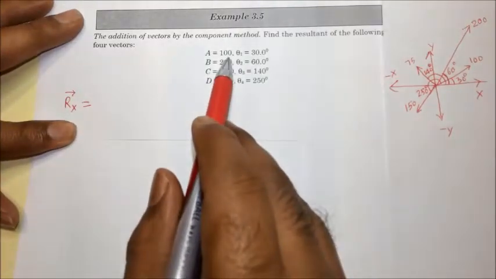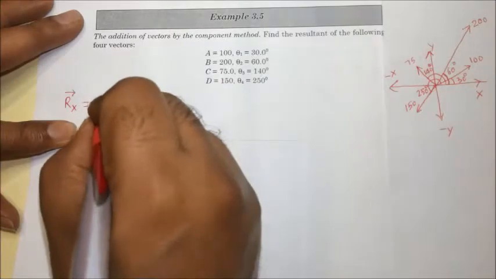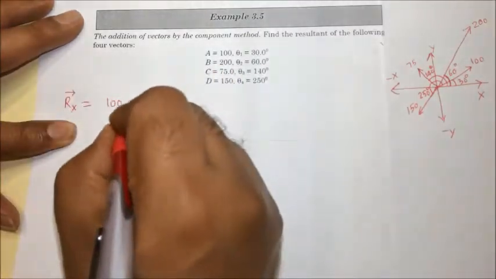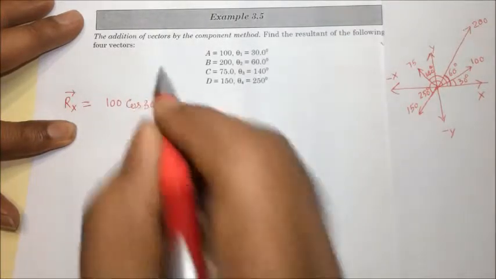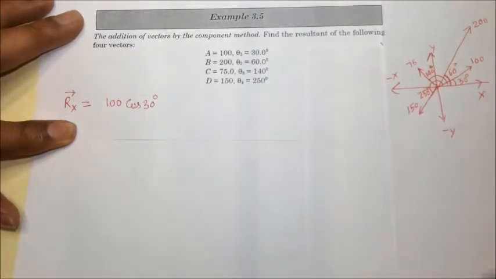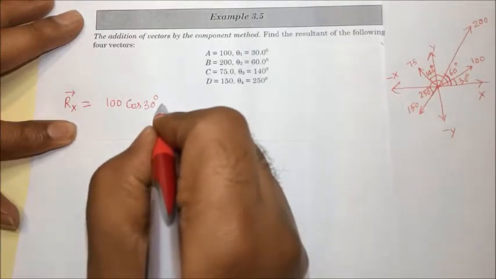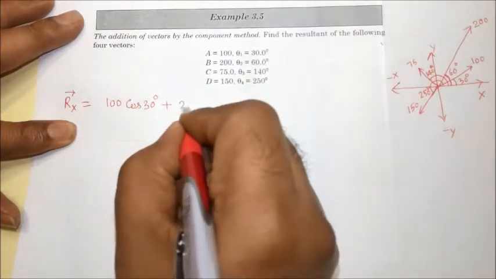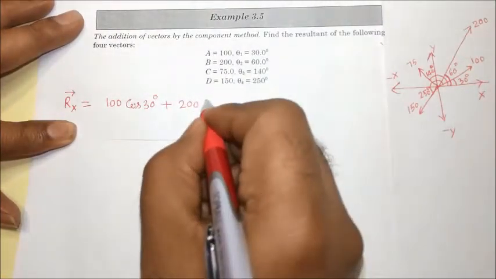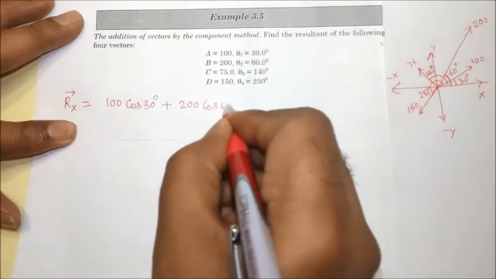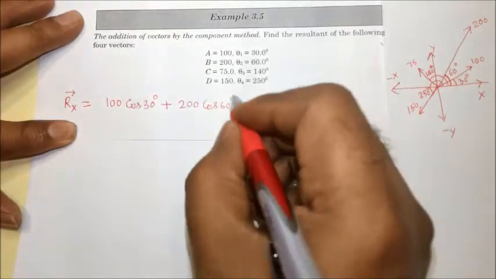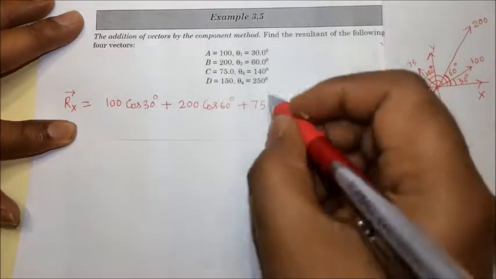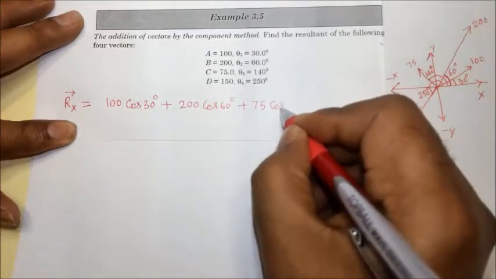So what is the first vector? 100, and its x component is going to be 100 cosine 30 degree plus second vector is 200, its x component is going to be 200 cosine 60 degree. The third vector is 75, its x component is going to be 75 cosine 140 degree.